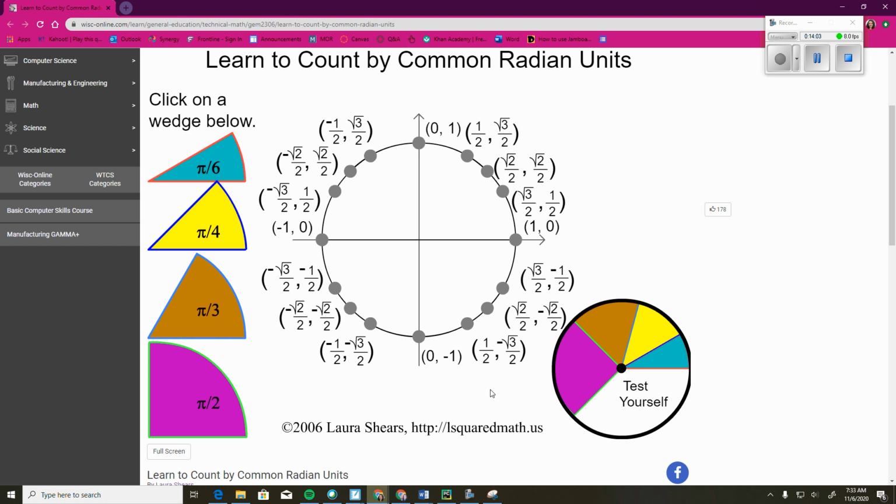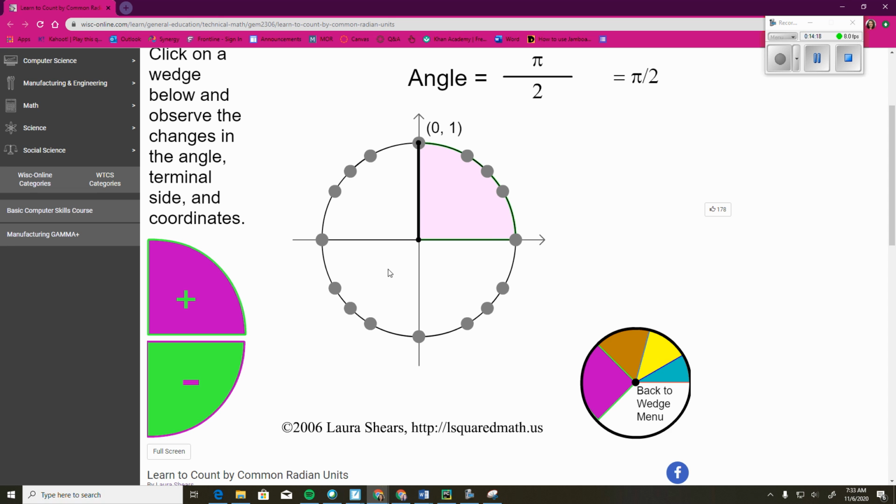To do that, we're going to think about radians as slices of this unit circle. If I was counting by pi over 2, pi over 2 on the unit circle is 90 degrees. It's located right there. If I count another section of pi over 2, that gets me to pi. Then I get 3 pi over 2.